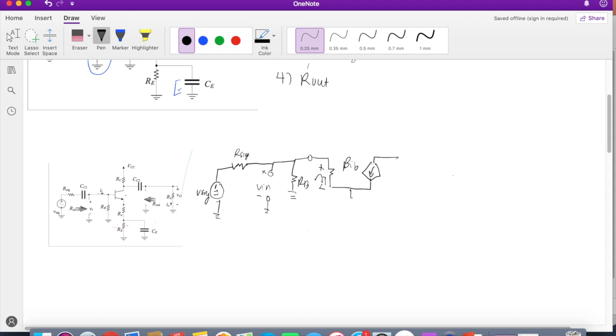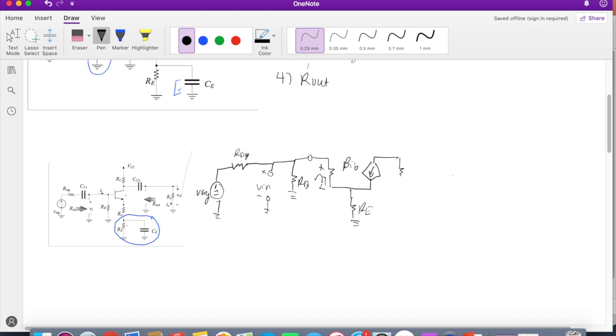Now for the emitter, we simply have just an emitter resistance and we can ground that. Why do we only have emitter resistance? Well, we see that in the diagram, once we short circuit the capacitor, we find that this second RE becomes in parallel with the short circuit, which means we can simply just remove it.